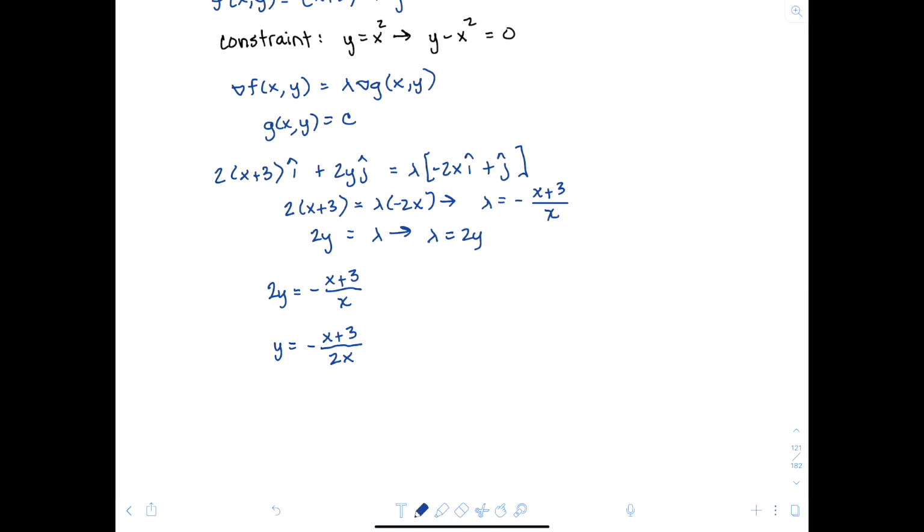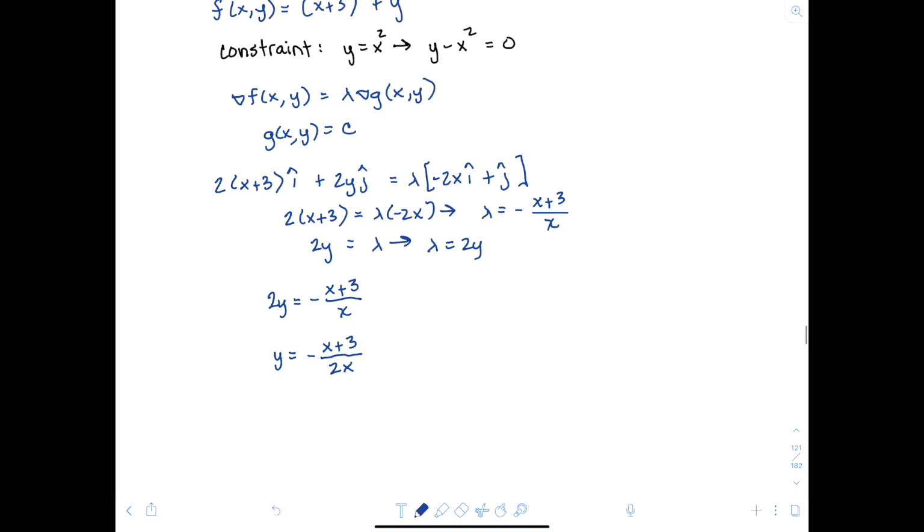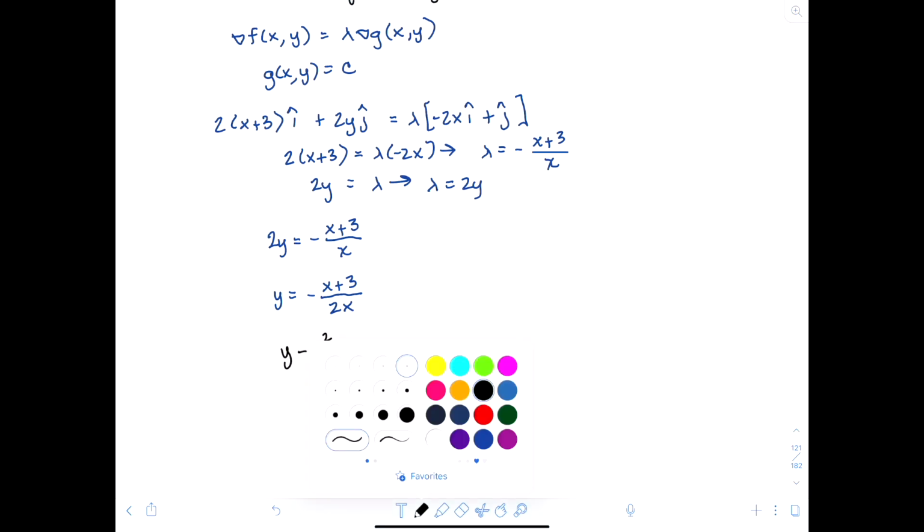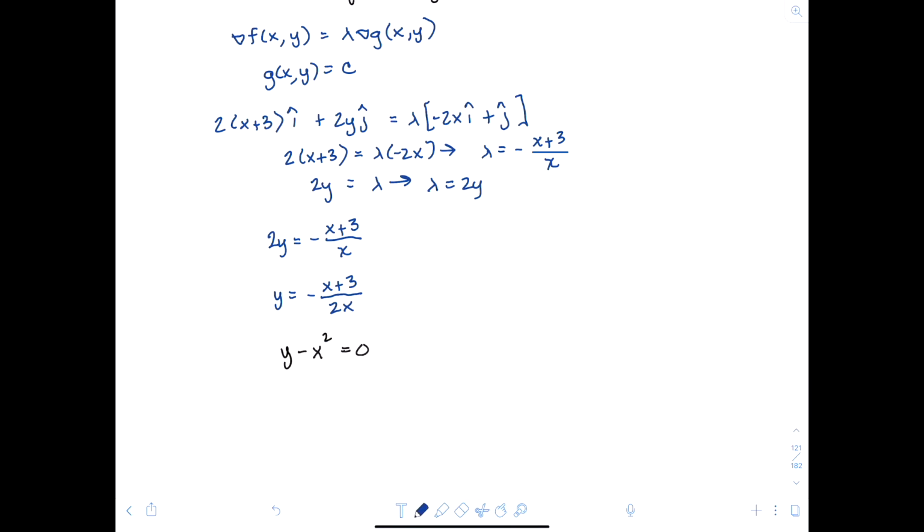So plugging this into our constraint equation, which I'll write as y minus x squared is 0, I can put in for y: negative x plus 3 over 2x minus x squared is 0.